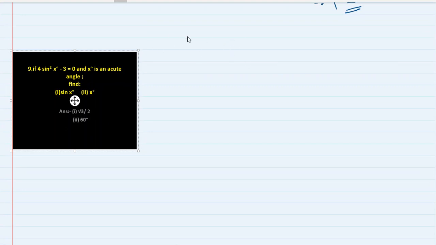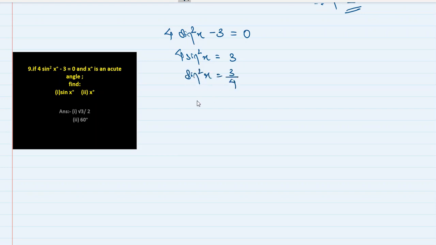Question number 9. If 4 sin square x minus 3 is 0, and x is an acute angle, find sin x and x. So 4 sin square x is equal to 3, or sin square x is equal to 3 by 4. So sin x will be root of 3 by 4.